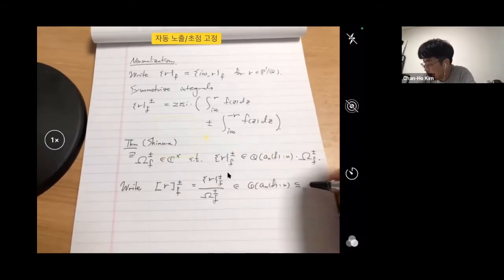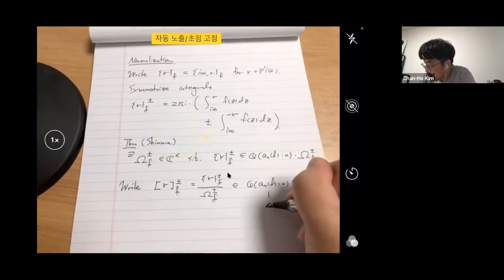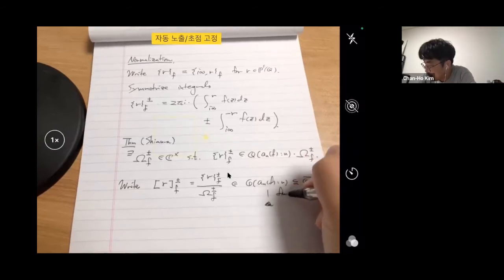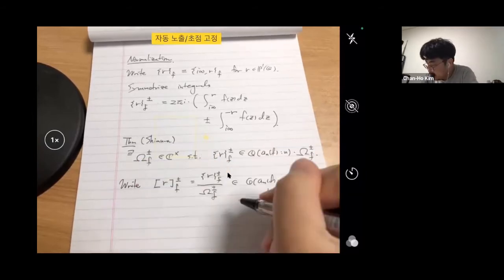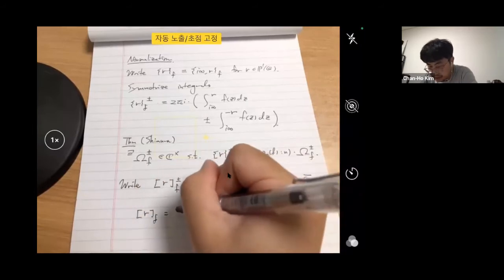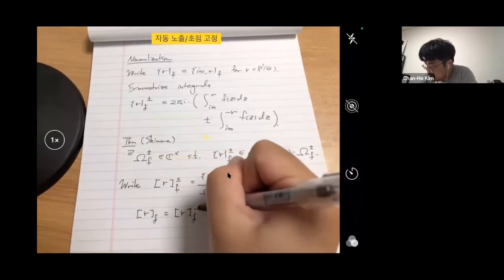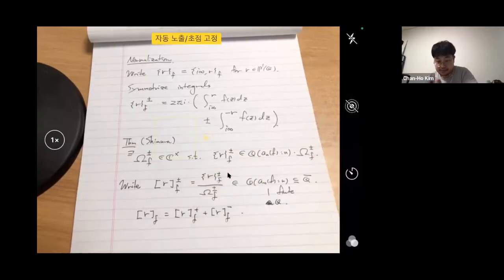Anyway, what I want to say is it is in Q bar, and this is in general finite over Q. And just the bracket [r, F] is the sum of these two.